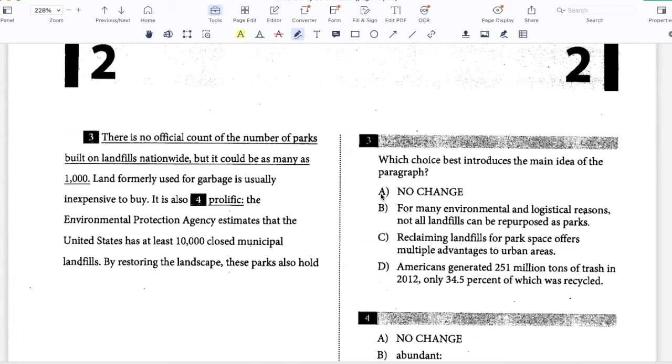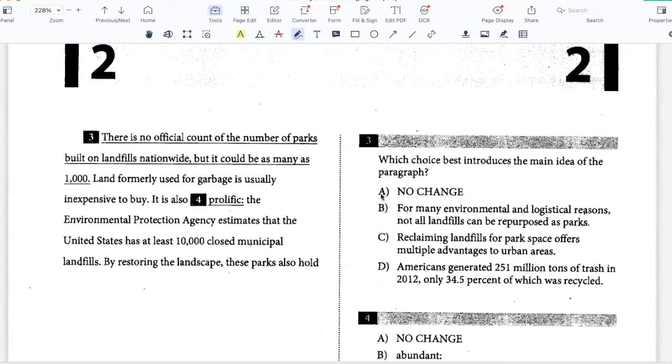There is no official count of the number of parks built on landfills nationwide, but it could be as many as 1,000. Which choice best introduces the main idea of the paragraph? So let's read further. Land formerly used for garbage is usually inexpensive to buy. It is also prolific.